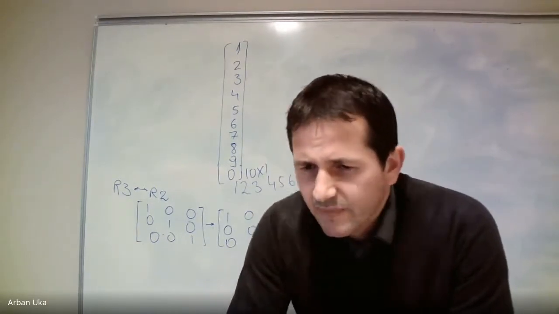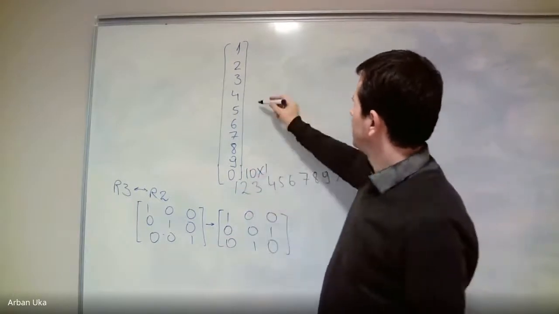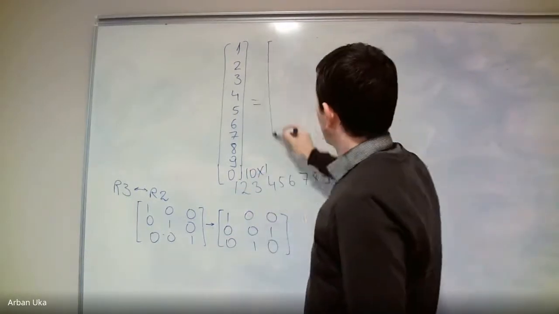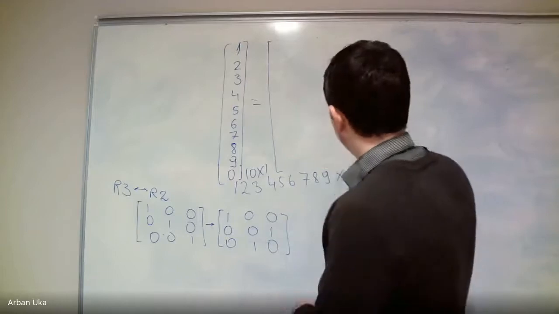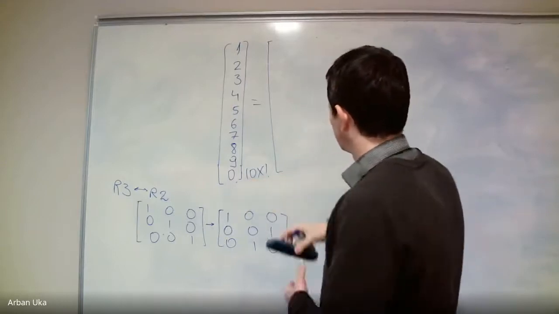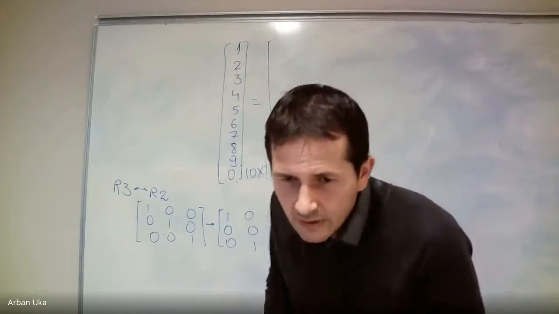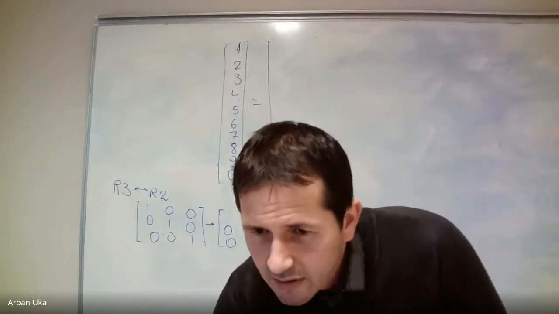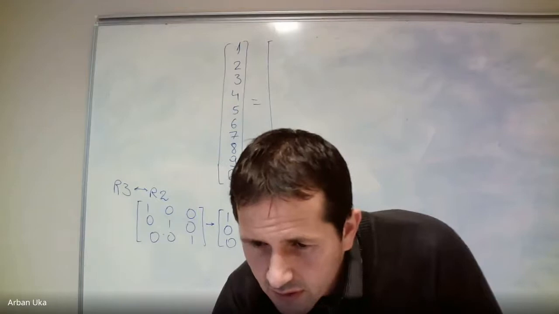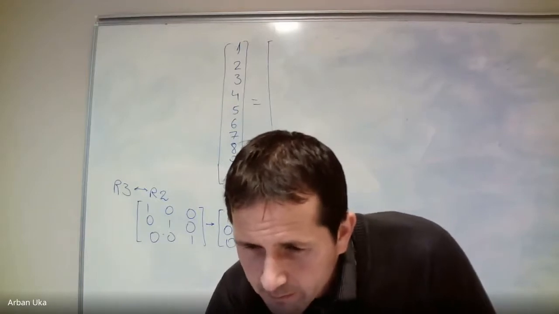He's saying that we can multiply this number, and this is equal to, let's see what was the answer. Arvi, where is your answer? I lost it.